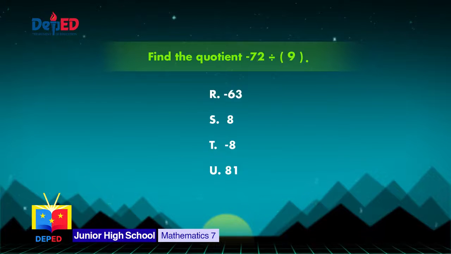Find the quotient of negative 72 divided by 9. Letter R, negative 63. Letter S, 8. Letter T, negative 8. And letter U, 81. Hurry up, ahijados and ahijadas.